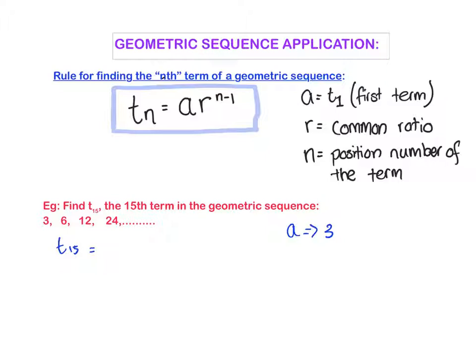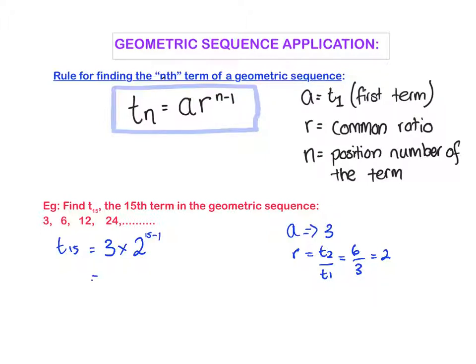So remember, if we don't know what the ratio is, remember we did this last lesson, you can go T2 divided by T1 will give you the ratio. So if you go 6 divided by 3, it's 2. Okay, so we know what R is now, so we can work out the 15th term. We're going to say 3 times 2 to the power of, now n is 15 in our case, minus 1.